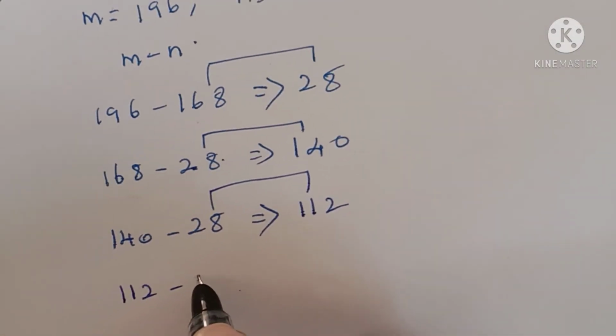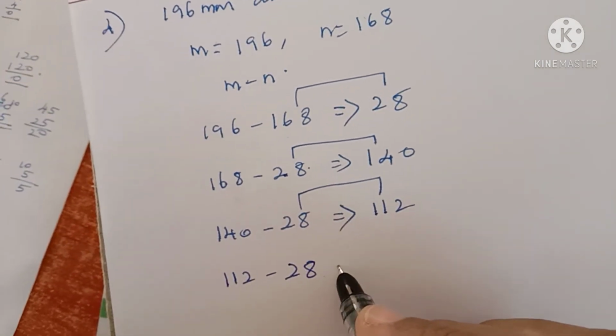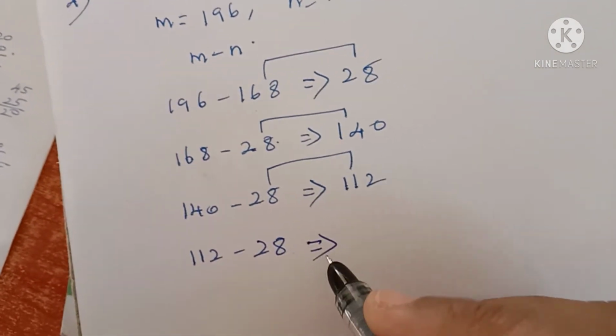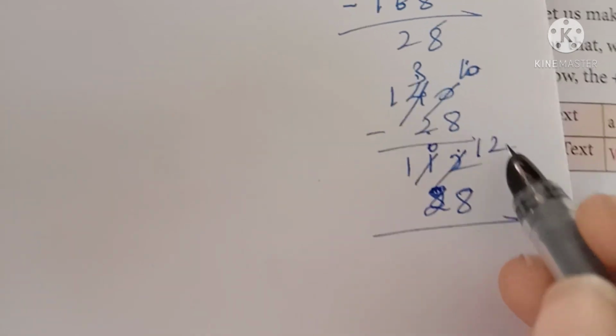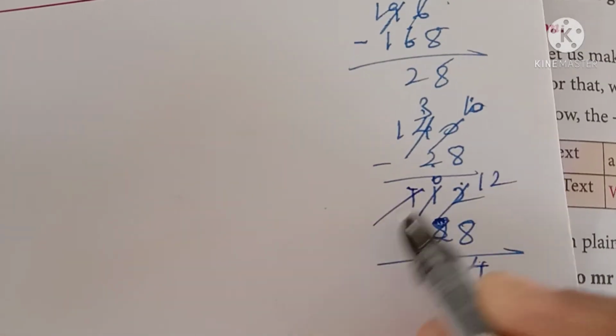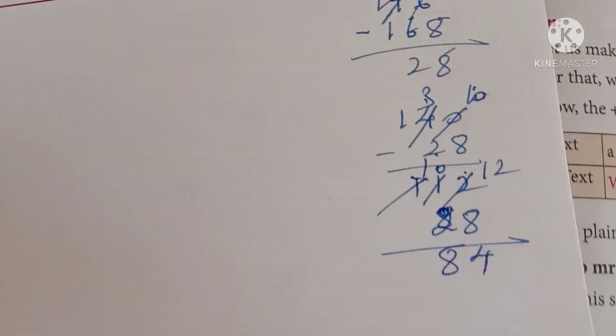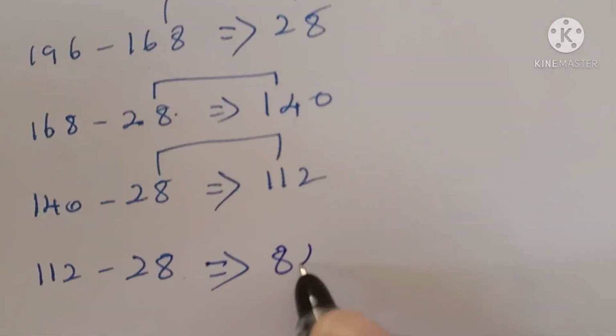112 minus 28, which is equal to 12 minus 8 is 4. 10 minus 2 is 8. 84.